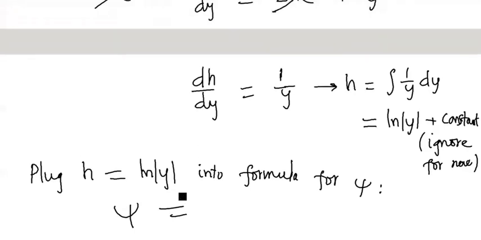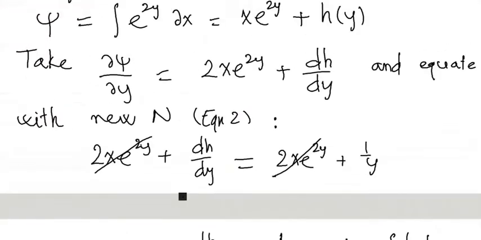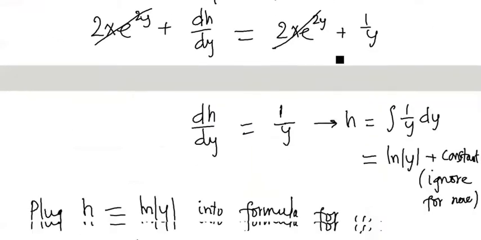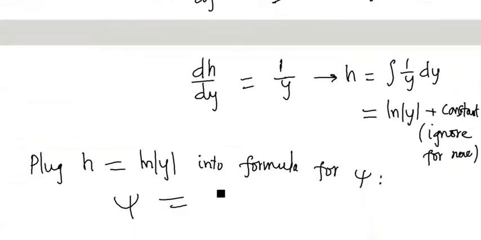Then we get, this is our potential function, x e to the 2y plus h of y, and we have found that h of y is the natural log of the absolute value of y. So the potential function is x e to the 2y plus natural log of the absolute value of y.